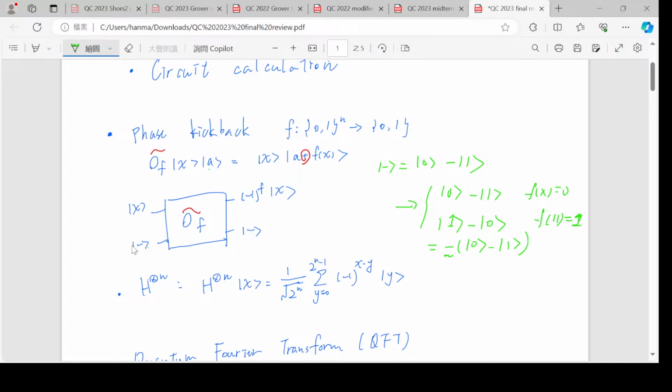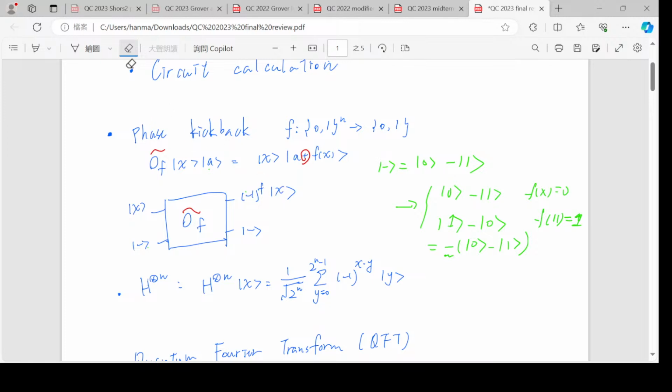So the end result of putting the minus state here is you get a phase of minus 1 to the f of x. We can encode all the information about the oracle in the phase.